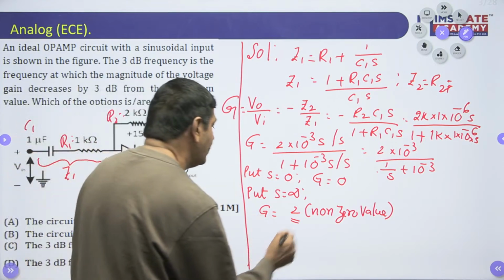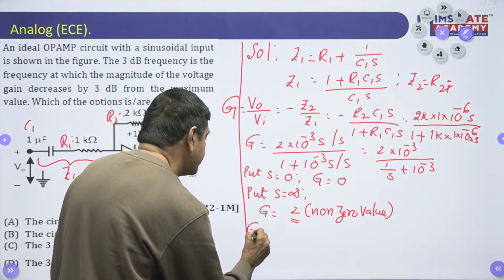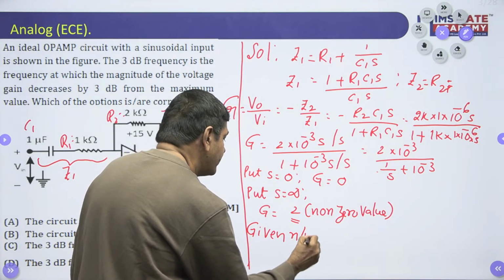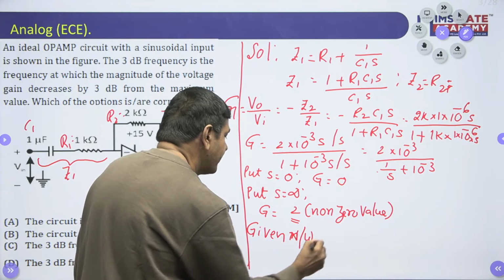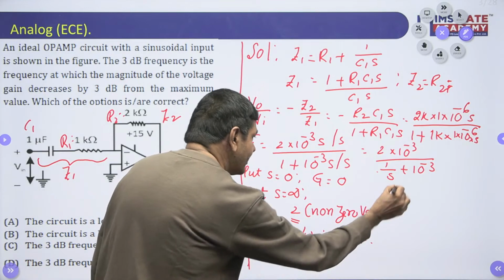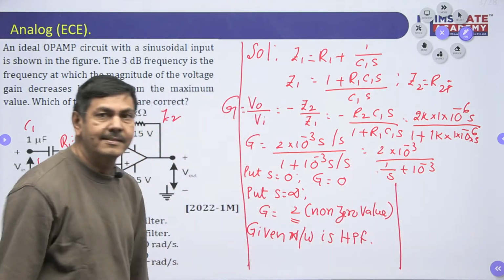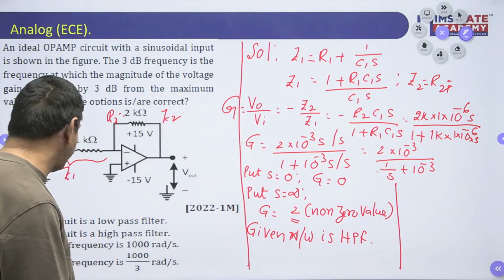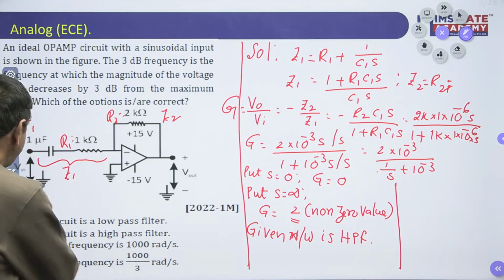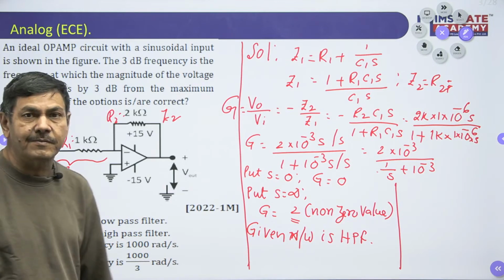Here, the given network is a high pass filter. Yes, we identified it is a high pass filter, so option B is correct.